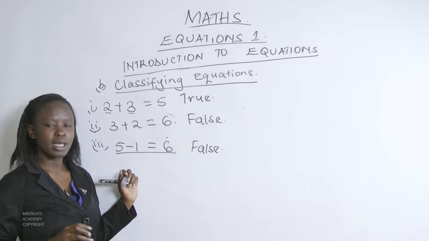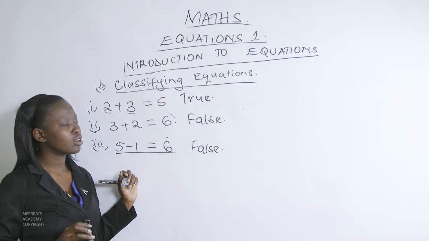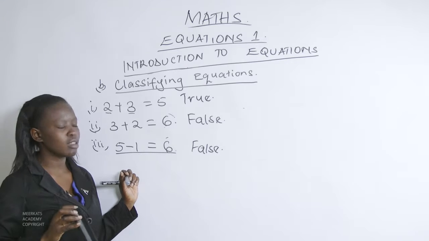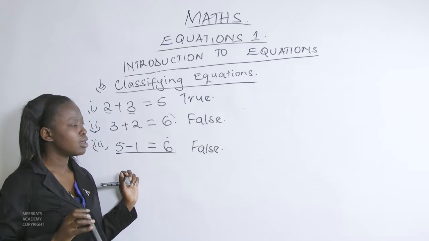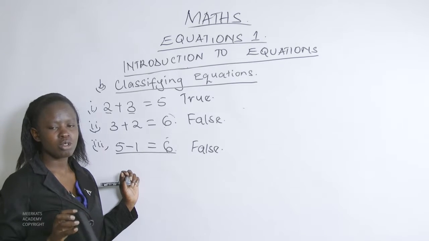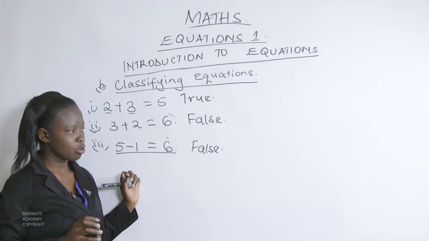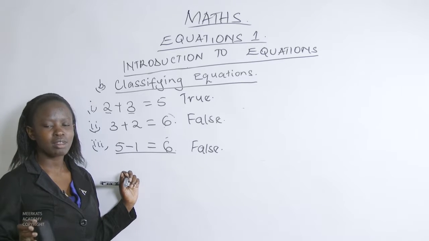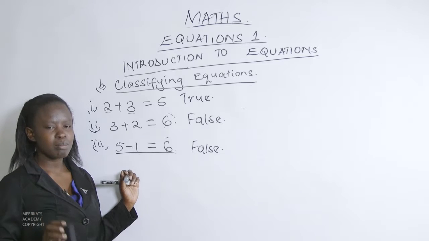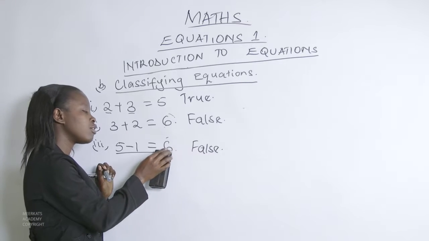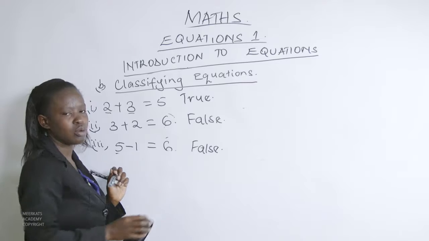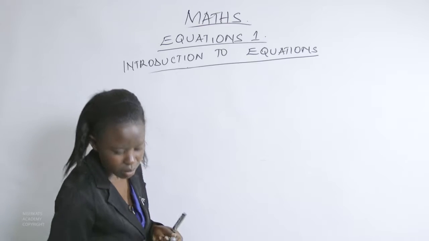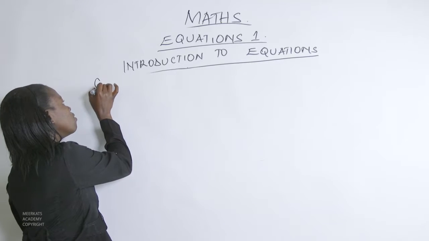If you simplify, and you find that the answer that you obtain is the same as what is on the right-hand side, then it means that the solution is a true solution. But when you get a different value, then it simply means that whatever you are having is a false equation.